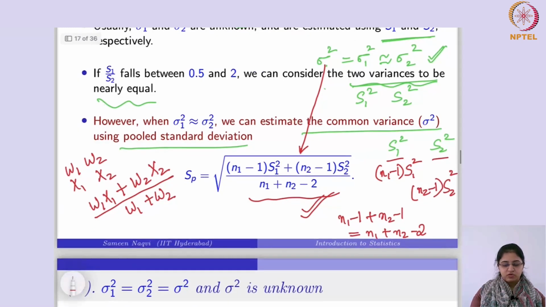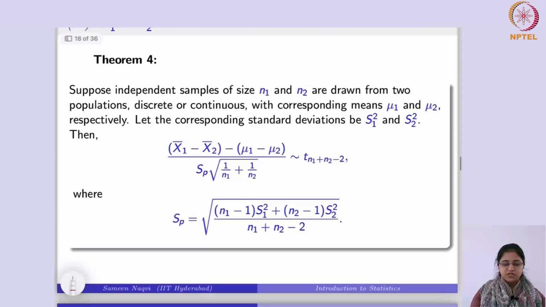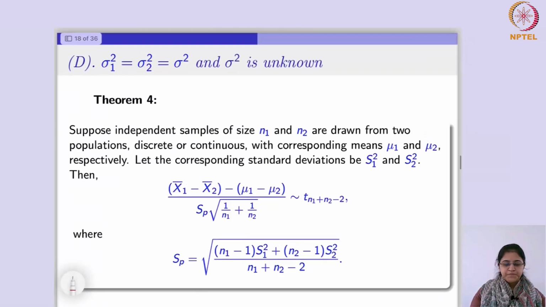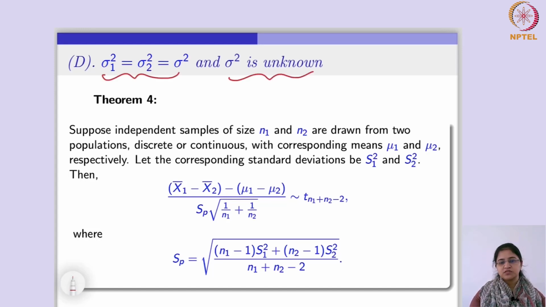Now with this, you can again find the proof for this. In this situation, we assume that the two variances are equal and sigma square is unknown to us. If sigma square is unknown and these are equal, which means that first of all the sample variance will come into the picture, but instead of dealing with them as individual sample variances, we can also use the pooled sample variance, that is Sp.